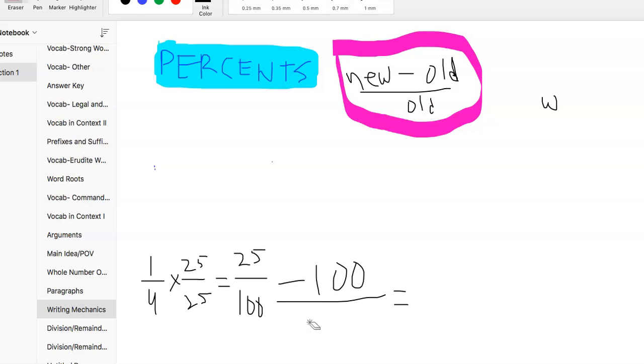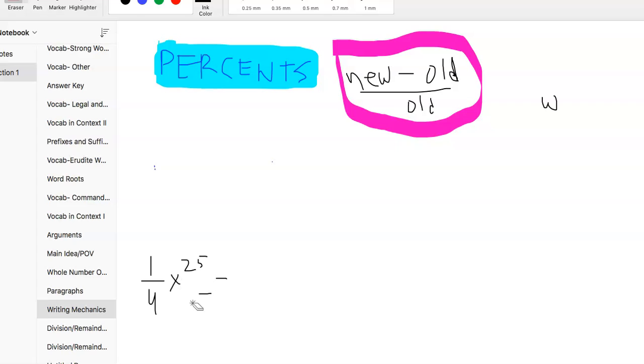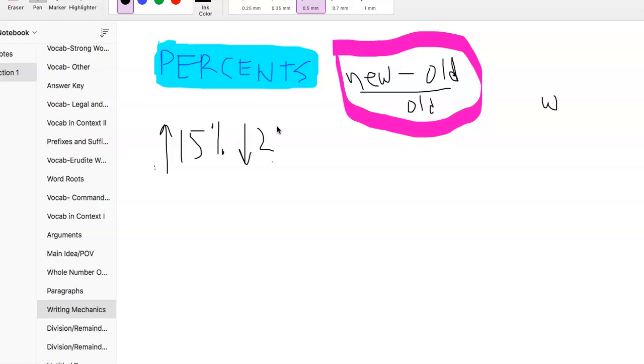consecutive month type questions. Stock market or bank account type questions are very common with these. So with this one, I own a stock. It doesn't tell me how much, right? I own a stock and it goes up 15% in month one, and then it goes down 20% next month.